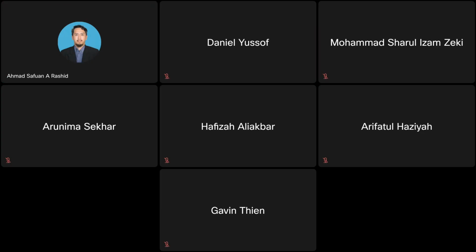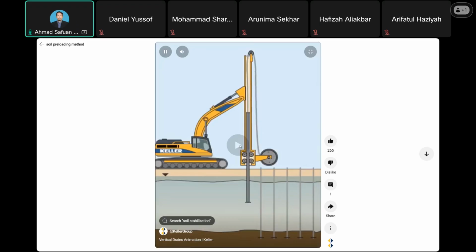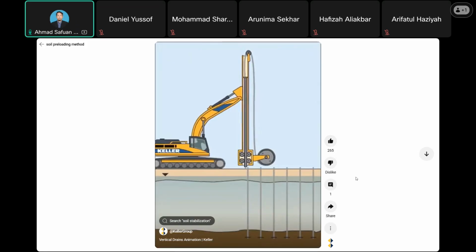We go first to the prefabricated vertical drains, and there will be a combination with preloading. This is a very simple one, by Kellen. This is the installation of the prefabricated vertical drain.